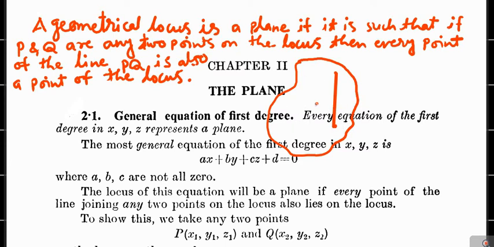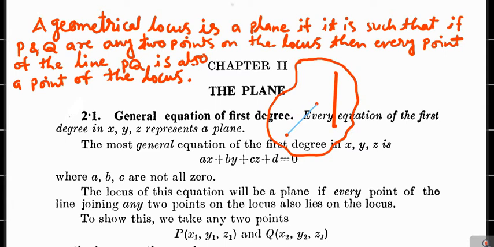Next we consider another two points and draw a line joining them. We observe that this line completely lies in this locus. So if the line joining any two points of the locus completely lies in the locus, then that locus is a plane. It is verified here.